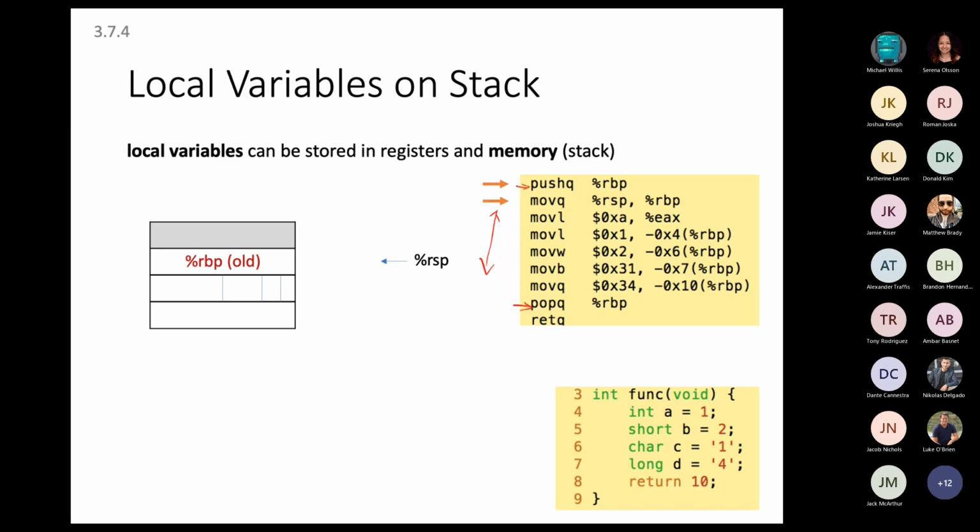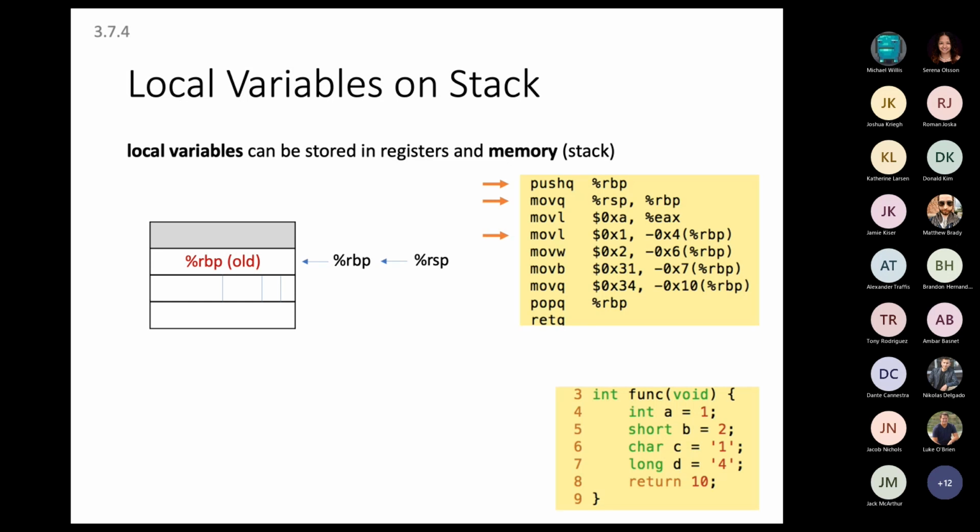For the RBP, we push that onto the stack that belongs to the caller. And then we move the RSP to RBP. This is a way to initialize the callee's RBP, the base pointer.